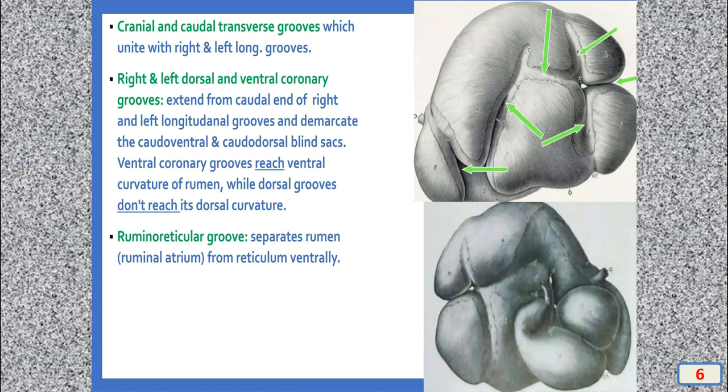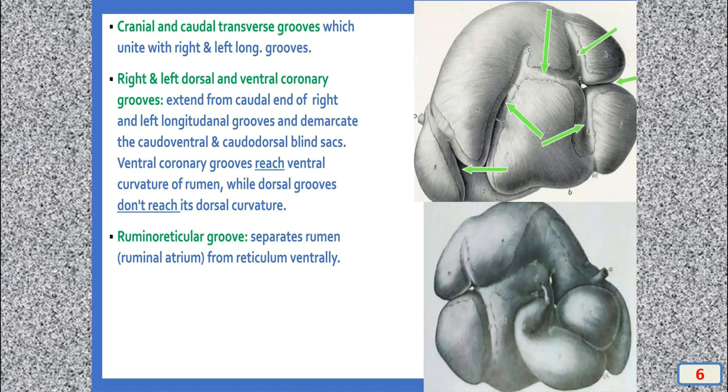The ruminoreticular groove is one of the important things in the case of ruminants, because it closes whenever the animal is drinking water, and the water goes directly to the abomasum. And also in suckling calves, it closes whenever the calf is suckling.